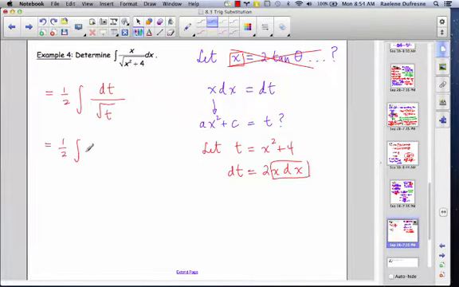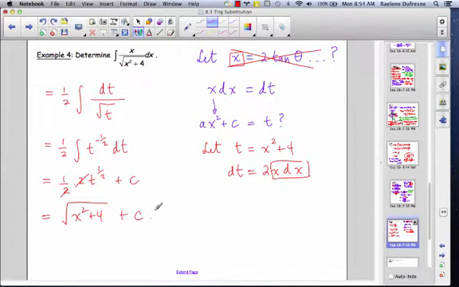So we get 1/2 times the integral of t to the negative 1/2 dt, which is 1/2 times t to the 1/2 divided by 1/2, or times 2, and plus a constant. And so the square root of t is the square root of x squared plus 4 plus a constant. So the point here is, don't always just start off with the most recent technique.